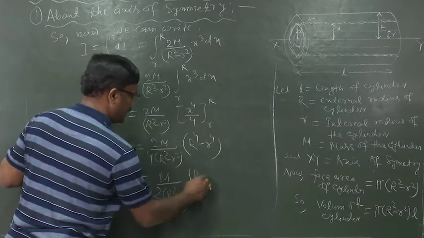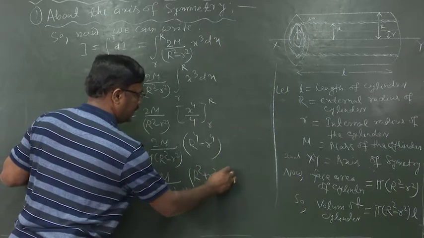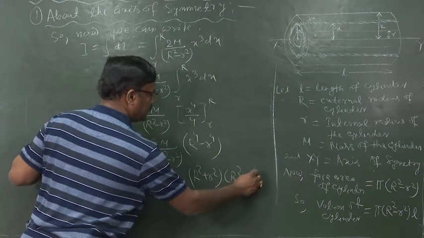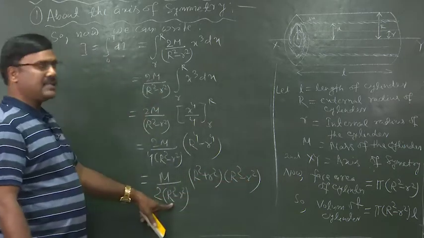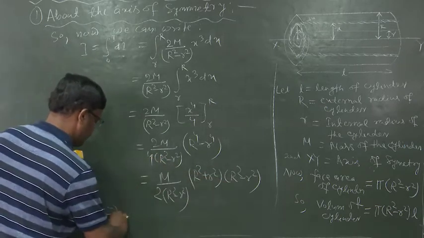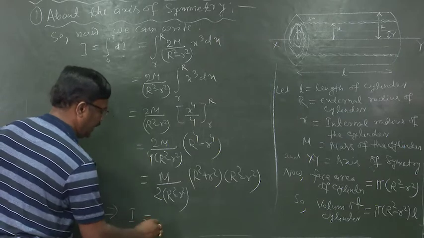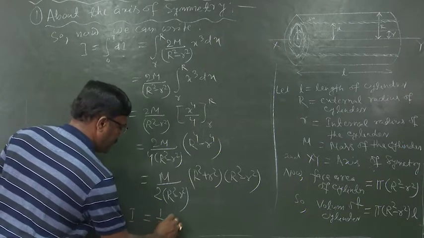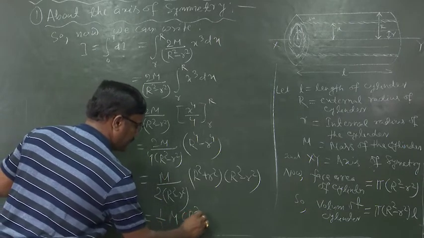So it will be (R square plus r square) times (R square minus r square), and this (R square minus r square) gets cancelled. So we get the moment of inertia I is equal to half M into (R square plus r square).